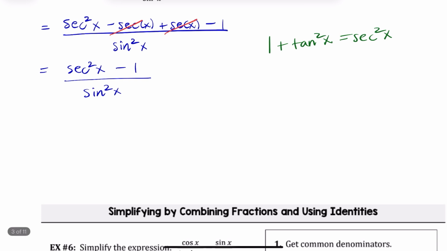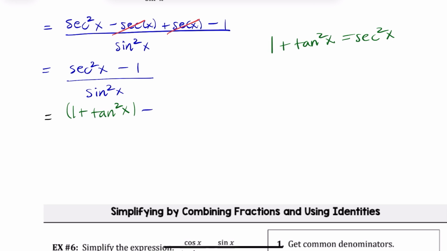So this is going to be 1 plus tangent squared x, and then I have my minus 1 all over sine squared x. Now I can cancel these ones. So I'm just going to get tangent squared x over sine squared x.